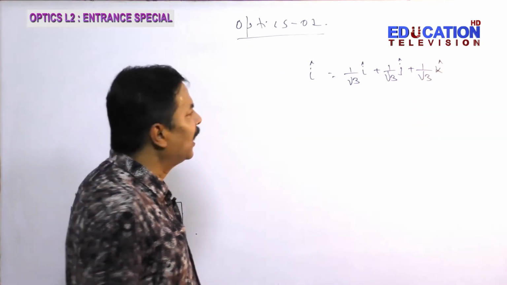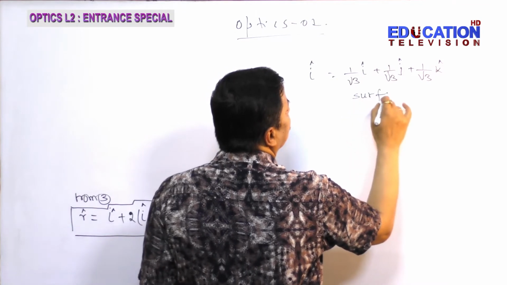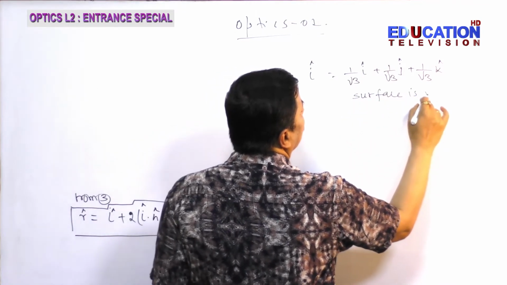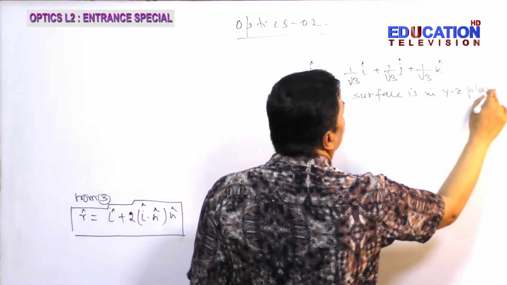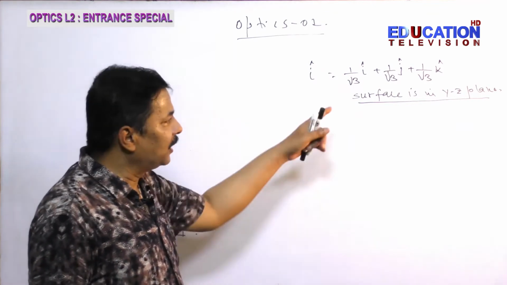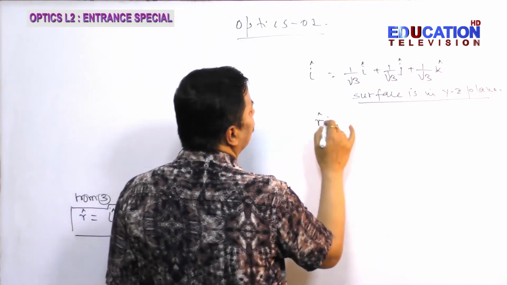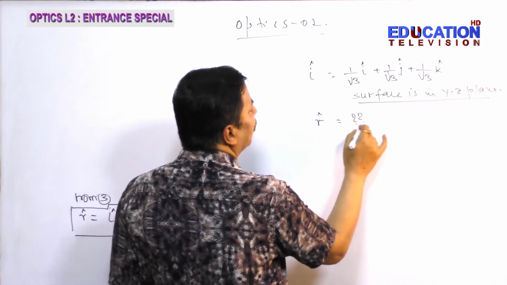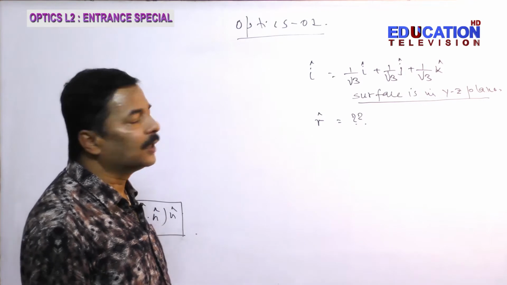The incident ray vector is there, and the surface is in the yz plane. This is not a meaningless statement. This has a very deep meaning, and you have to find the reflected ray. Which unit vector will represent the reflected ray?